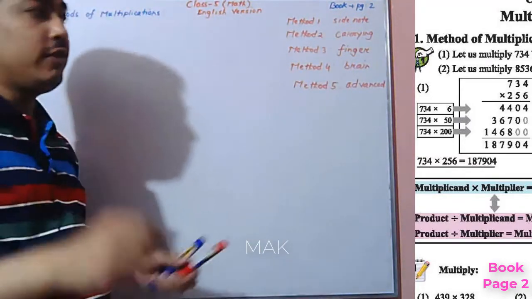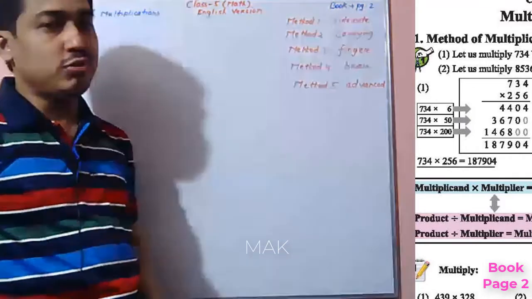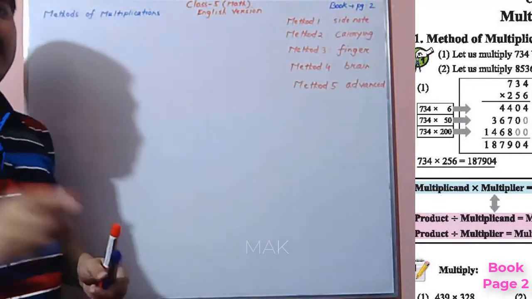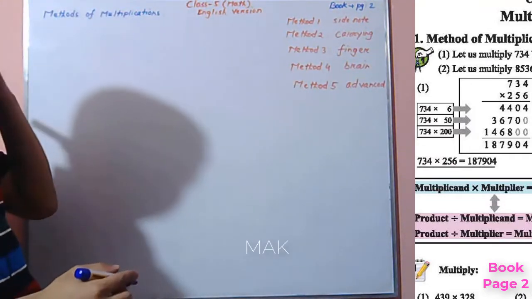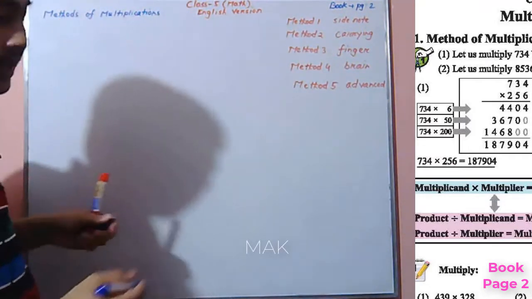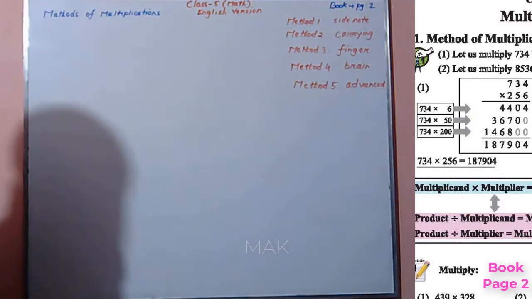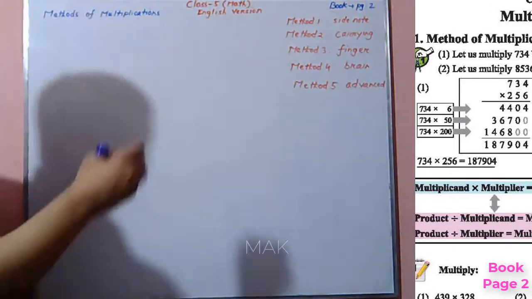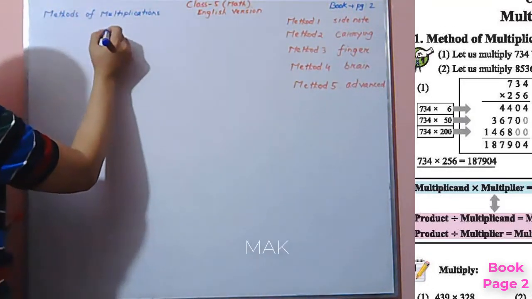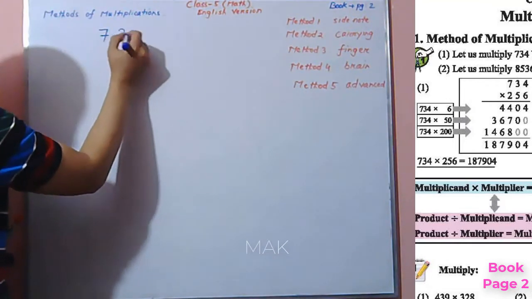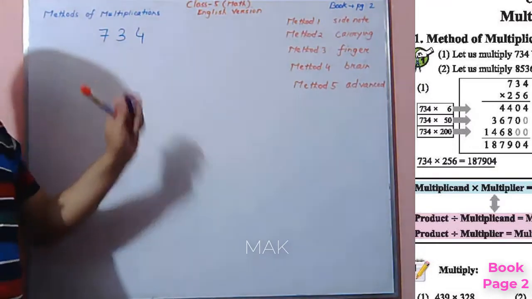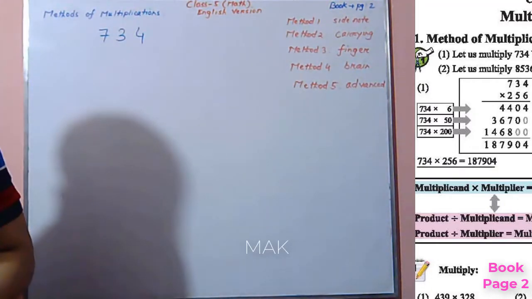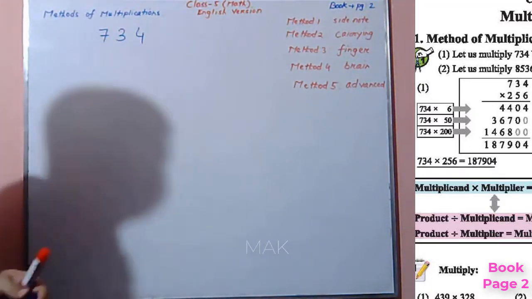In your book, if you go to page 2, you will see the very first method is written there. It will be like this: 7 3 4, which is 3 digits, and the next one is 2 5 6.